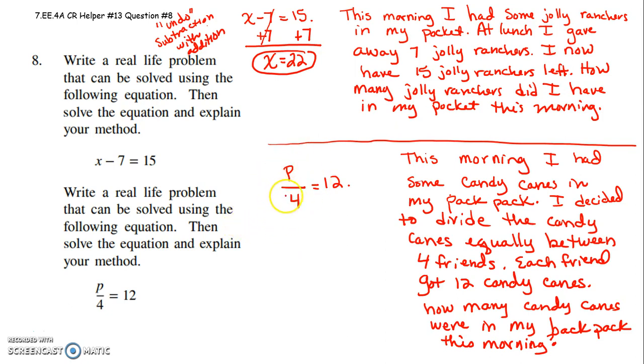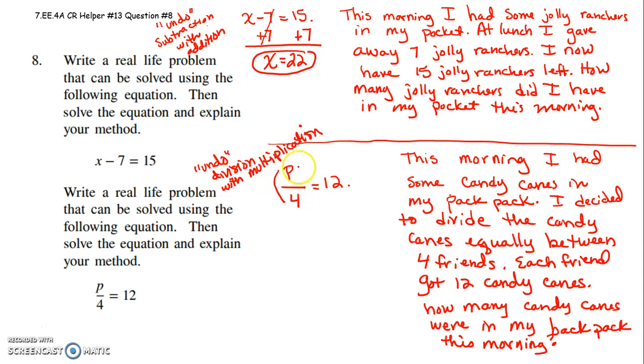So now I just want to solve this equation. I look at what's the operation between the P and the 4. That operation is division. I know I undo division with multiplication. So how do I undo this division?